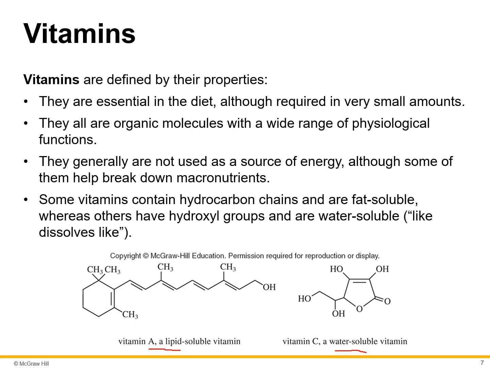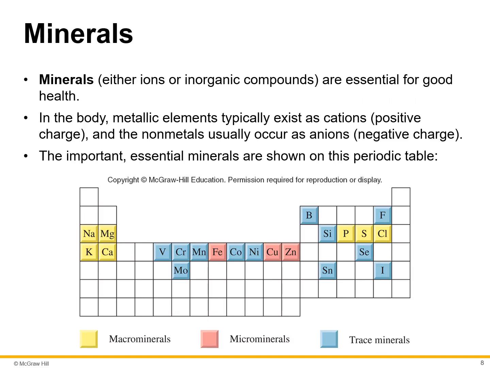And they're needed for cell function, growth, and development as well. And they are organic compounds, as you can see. We also have these inorganic minerals, those that are not organic, not carbon. We talked about these already, called macro minerals, in group 1 and group 2 of the periodic table.